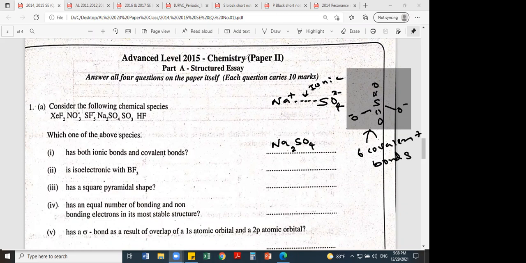Is that clear? Right. Then part 2. Let me quickly post the answer to the chapter. Isoelectronic with BF3. What is the answer? Which one is isoelectronic with BF3?